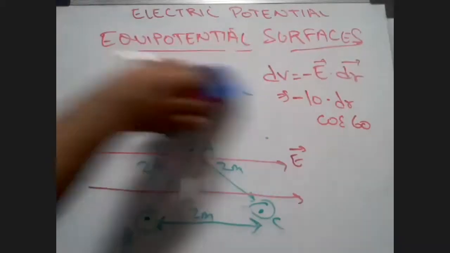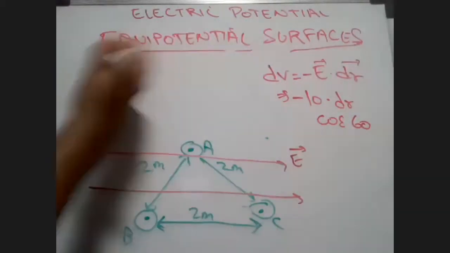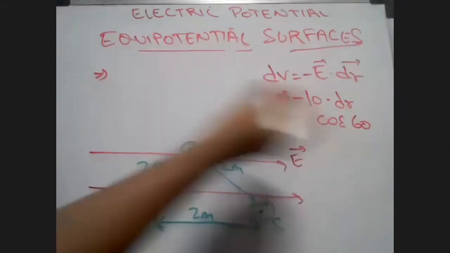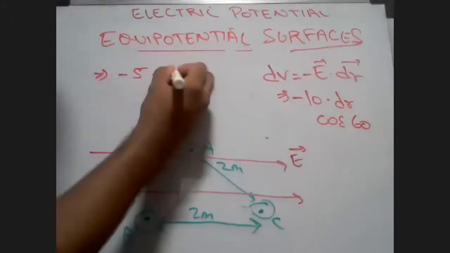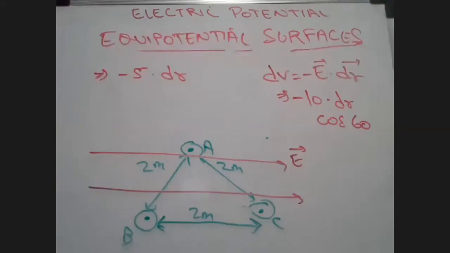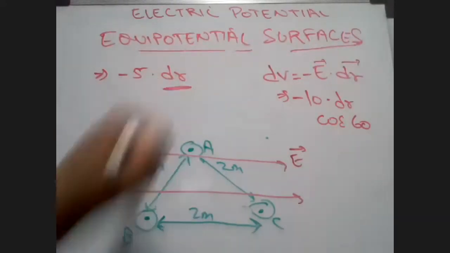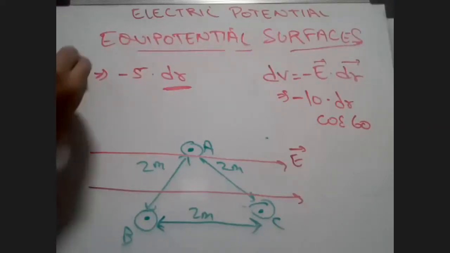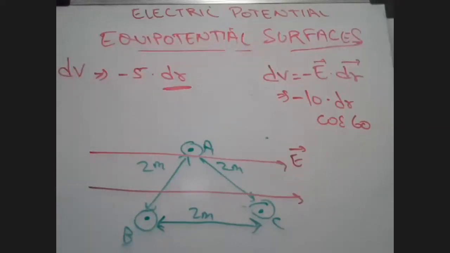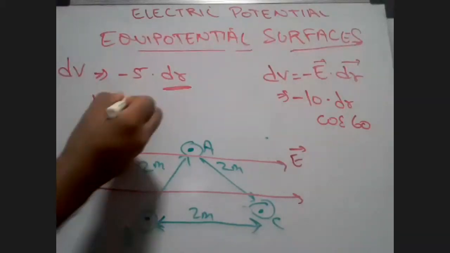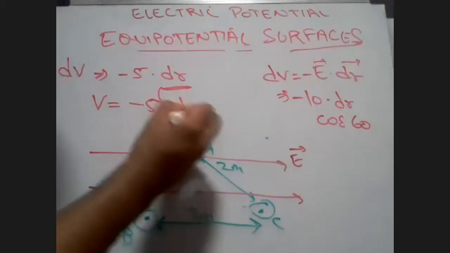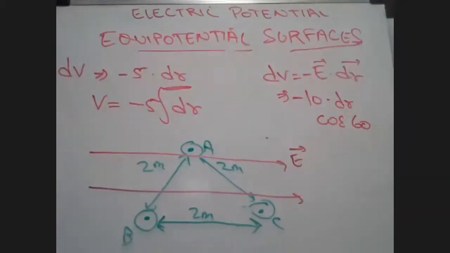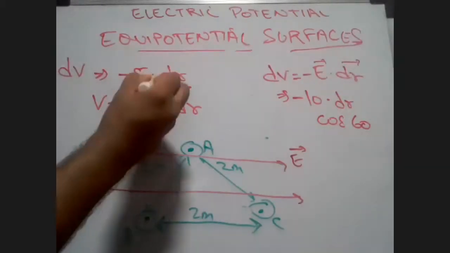Cos 60 is 1 by 2. So I can write here directly, 1 by 2 times minus 10 means minus 5 dr. What is the change of the distance? First of all, you have to consider that this is dV. So V will be equal to minus 5 times the integration of dr, with limits from 0 to 2.